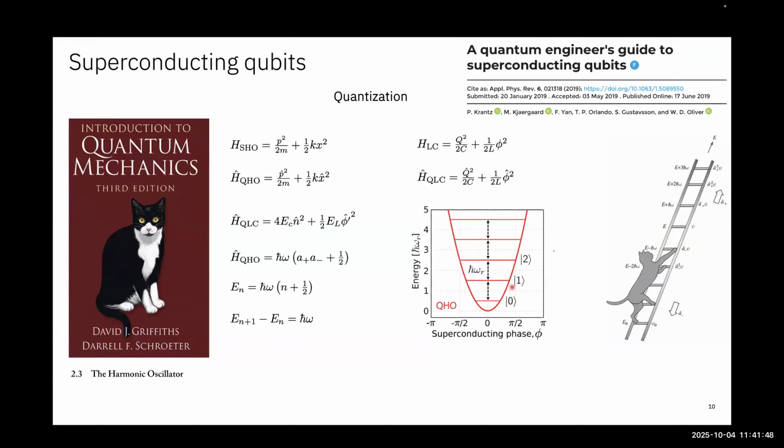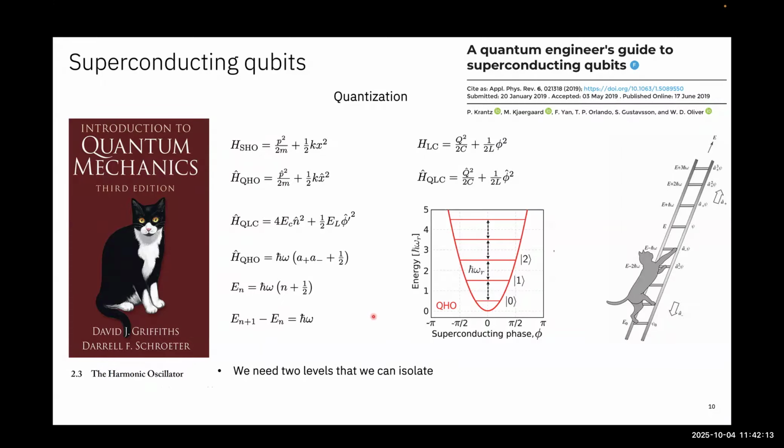But for a quantum harmonic oscillator, since all the levels are equally spaced, you cannot use this, because the kind of operation that takes you from 0 to 1 also takes you from 1 to 2, and from 2 to 3. So you don't have an isolated qubit. That's why this doesn't really work.